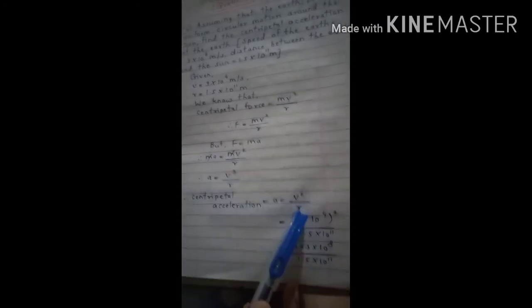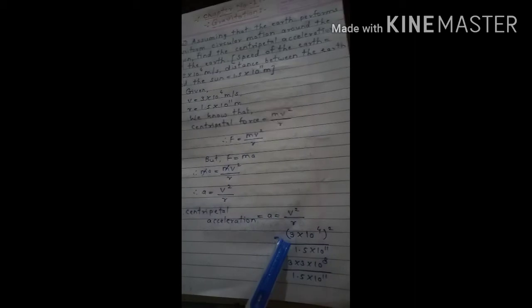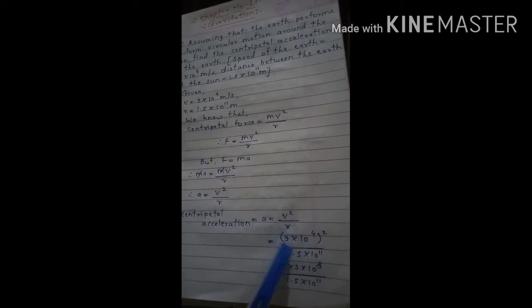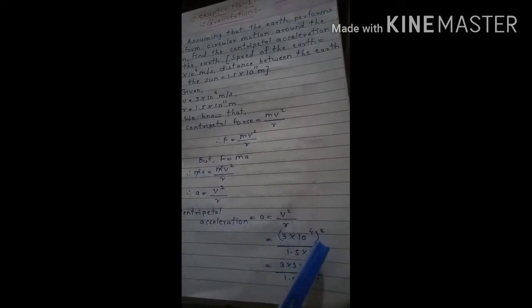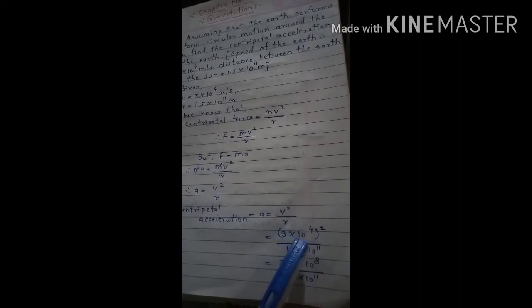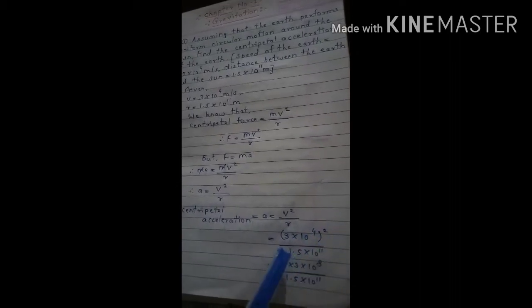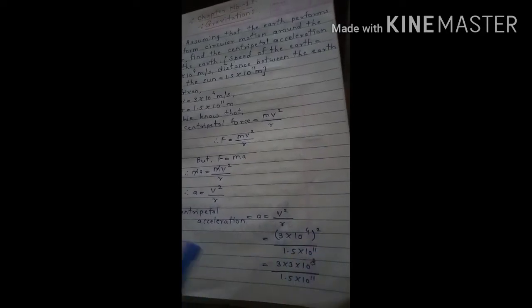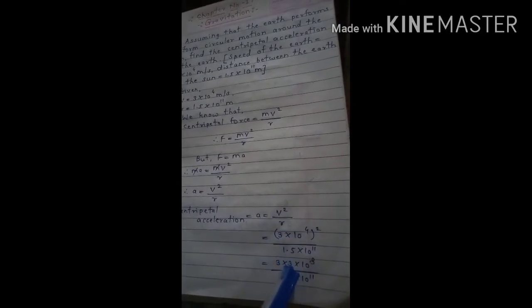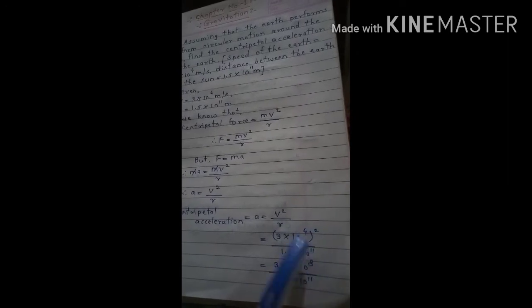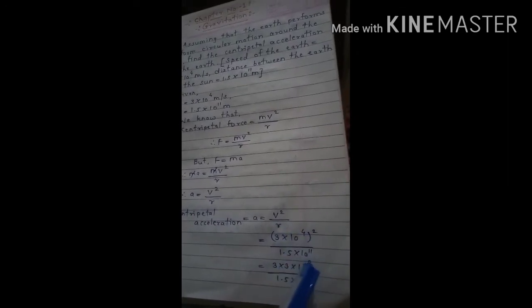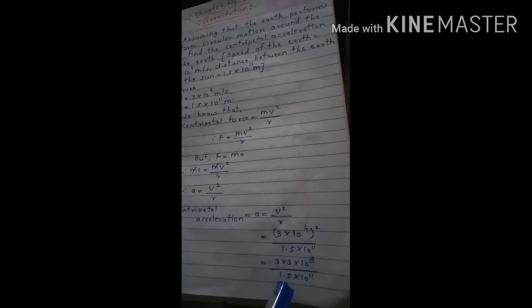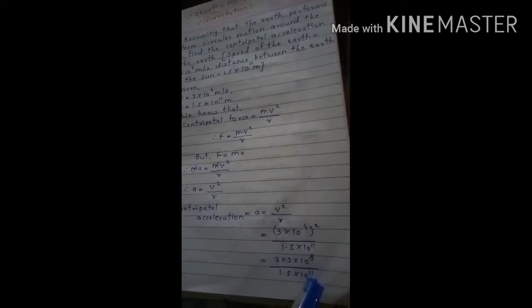Now we will put here the respective values of speed of the earth and distance between the earth and the sun. That is (3 into 10 raised to 4) bracket square upon 1.5 into 10 raised to 11. So 3 into 3, because the bracket square is there, and 10 raised to 4 square will become 10 raised to 8, upon 1.5 into 10 raised to 11 as it is.